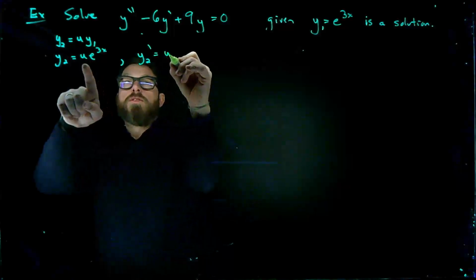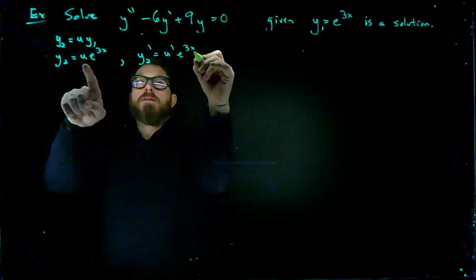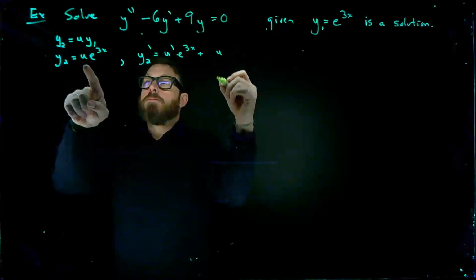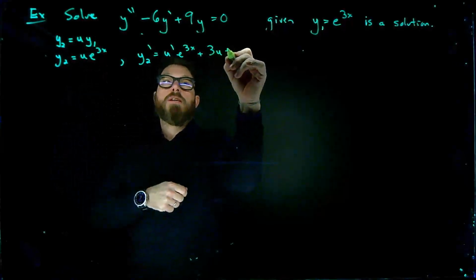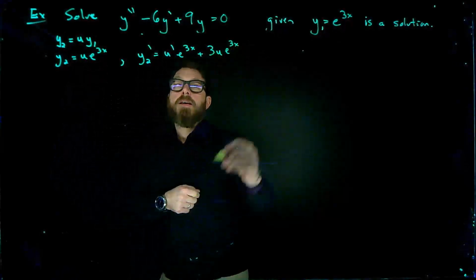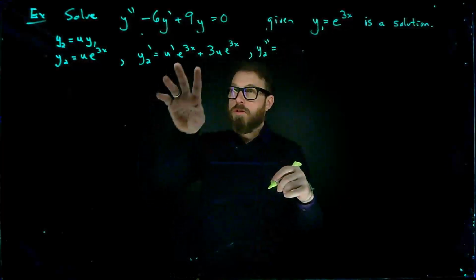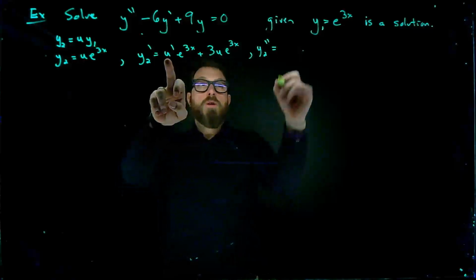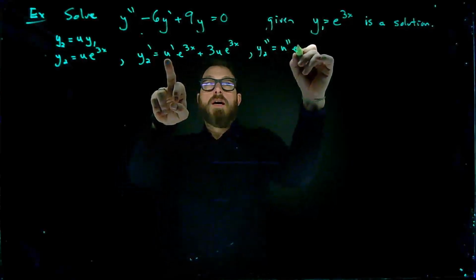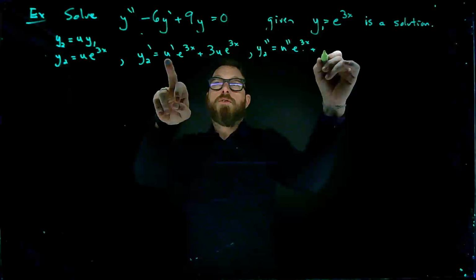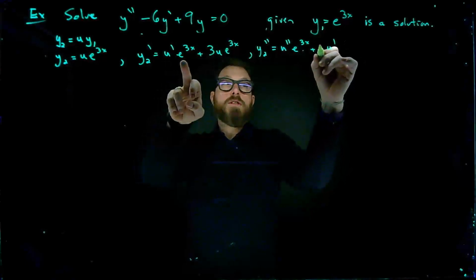So the derivative of the first times the second, plus the first times the derivative of the second, which is going to give us 3e to the 3x. Now I'm going to have to know its second derivative. That's going to also have to go in here. So this is two product rules because I have two terms. So derivative of the first times the second plus the first times the derivative of the second.